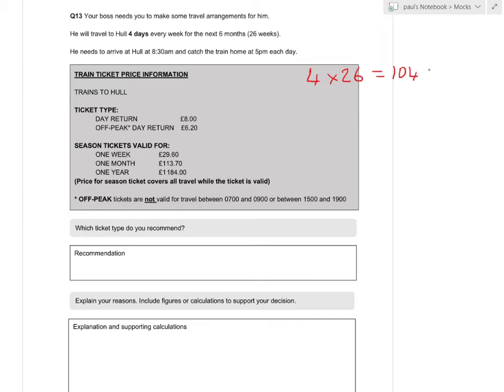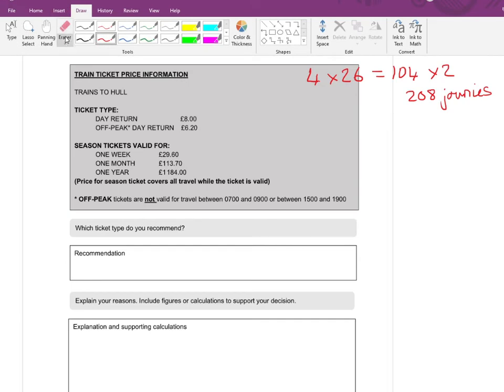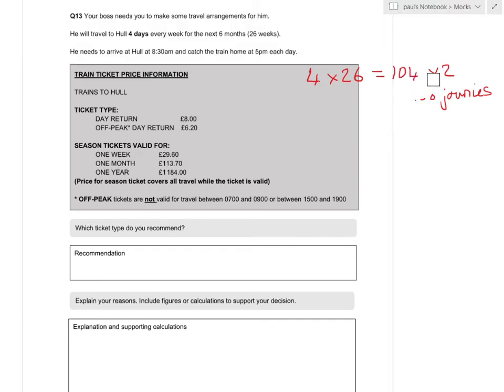It's going there and back, so it's times 2, so there's 208 journeys. Oh no, we're not worried about how many journeys, it's just a day return. So 4 days a week, 26 weeks, 104.